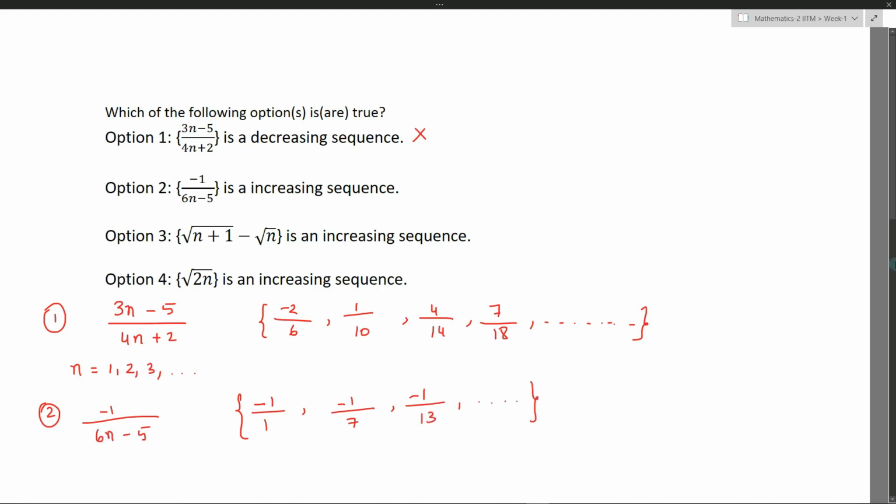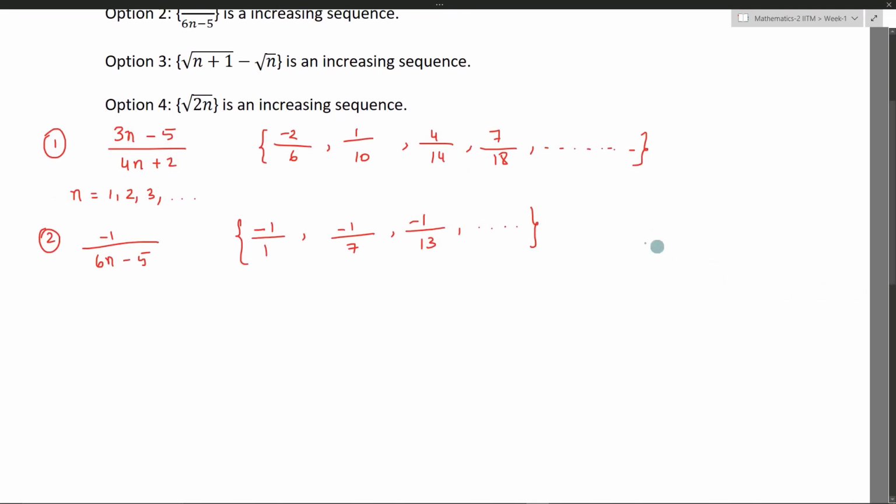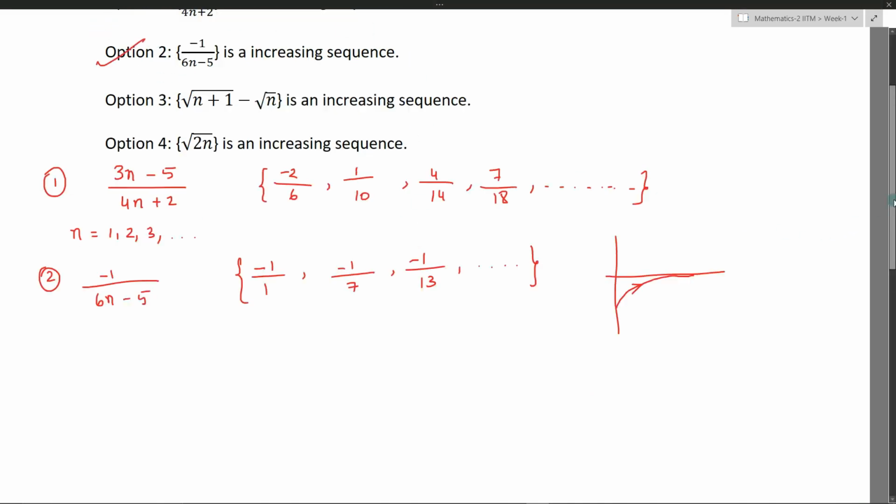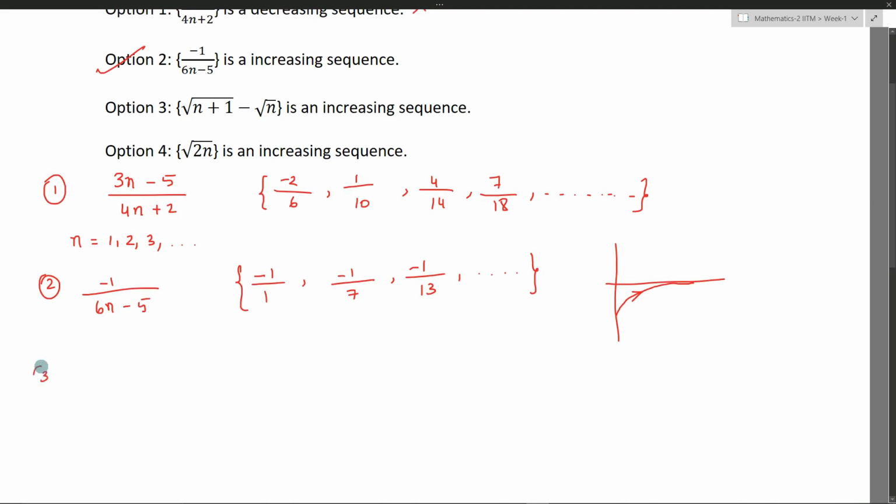So how does this graph look like? This graph looks something like this, right? So this is an increasing function. So option 2 is correct. So what about third one?